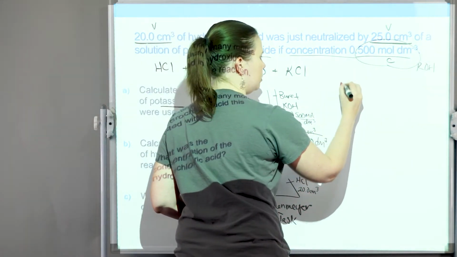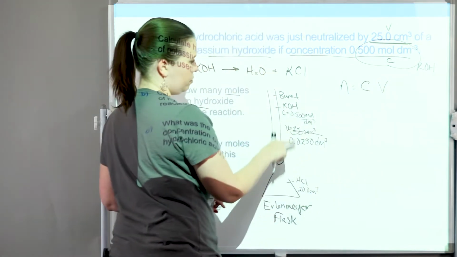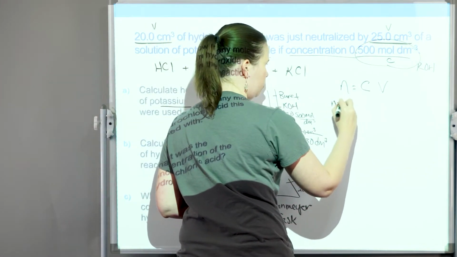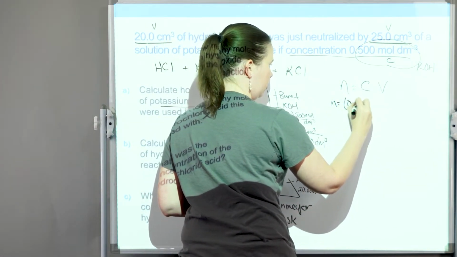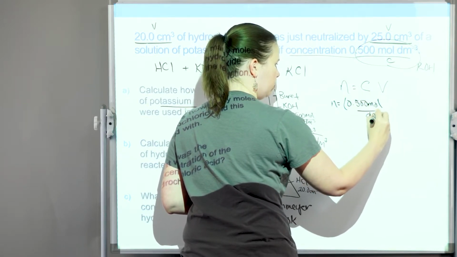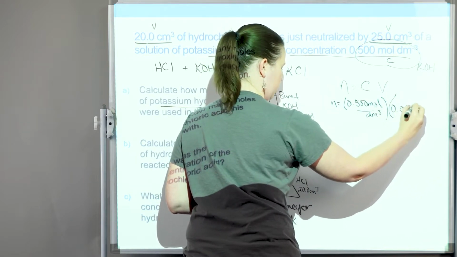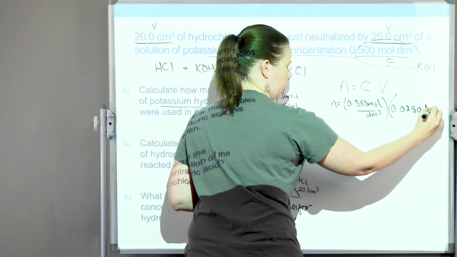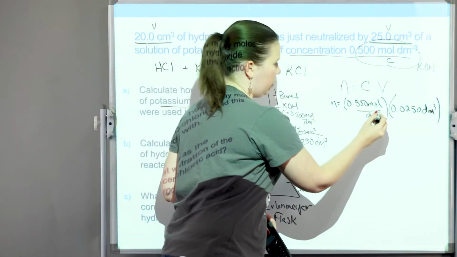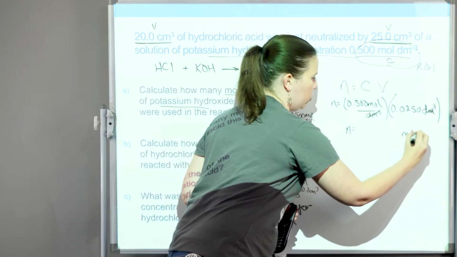So moles essentially is going to come from concentration times volume. If I multiply these two together, my decimeters will cancel out, leaving me with moles. So it's 0.500 moles per decimeter cubed times the 0.025, our volume converted to decimeters cubed, allowing my decimeters cubed to cancel so I can get the moles.